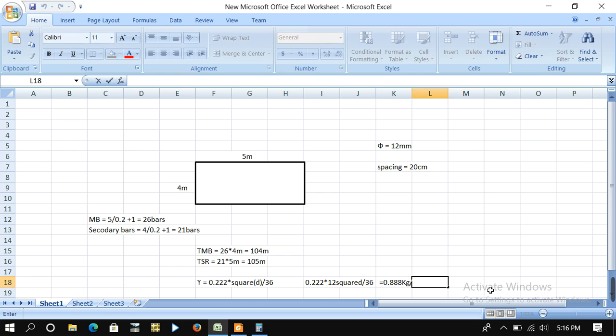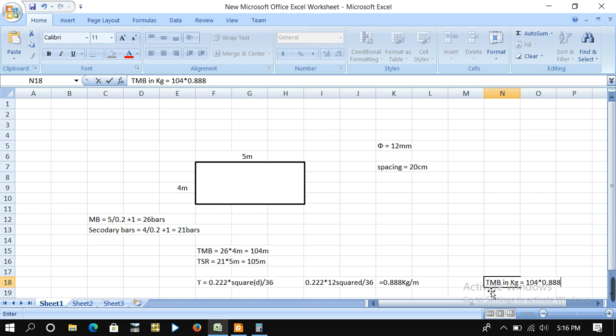Multiplying its total length with the unit weight: 104 times 0.888 kilogram per meter, for 104 meter.